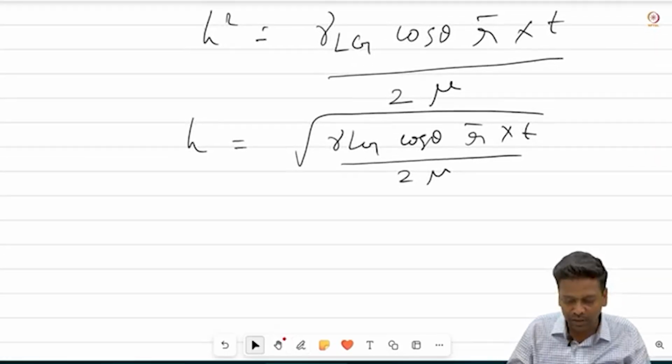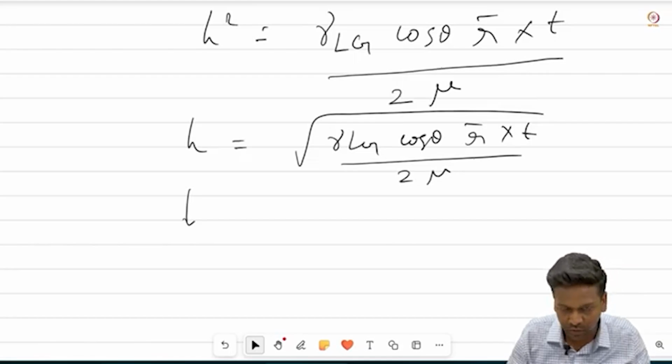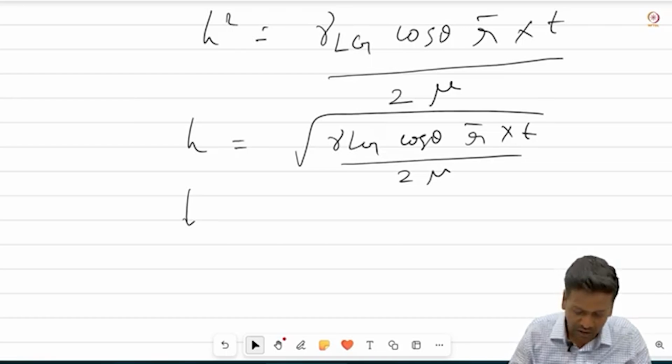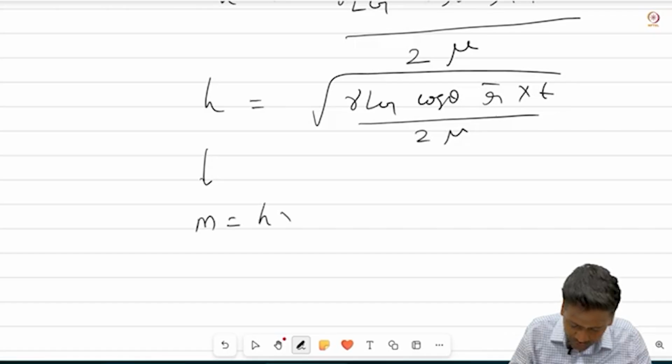But what is going to be more useful for me is in terms of mass of liquid, so that I can directly calculate the mass using the microbalance, right? So that is going to be my approach now. How I can do that is, I know mass is nothing but h into rho into s.